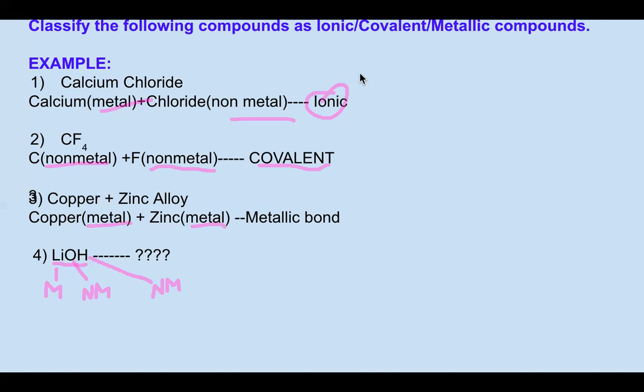So I would say the bond between lithium and oxygen is ionic, as lithium is a metal and oxygen is a non-metal. Then the bond between oxygen and hydrogen is covalent because both are non-metals. So I would say lithium hydroxide, that is LiOH, has both ionic and covalent bonds.